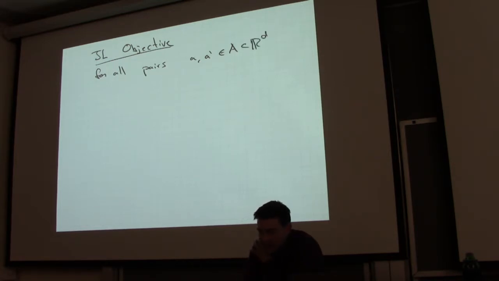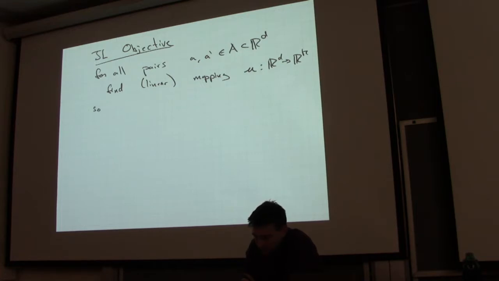Then I want to find a linear mapping, which is going to go from R^d to R^k.